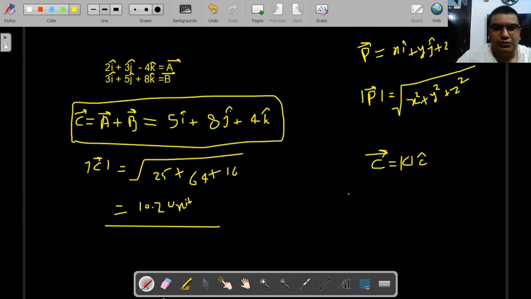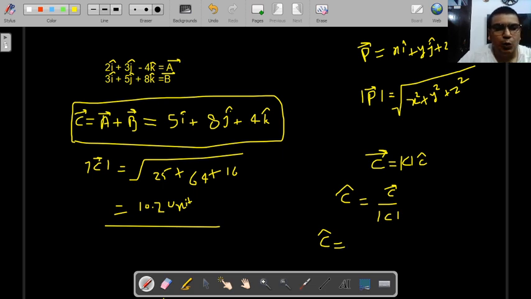If you want to calculate c cap, then c cap is equal to vector c upon magnitude of c.